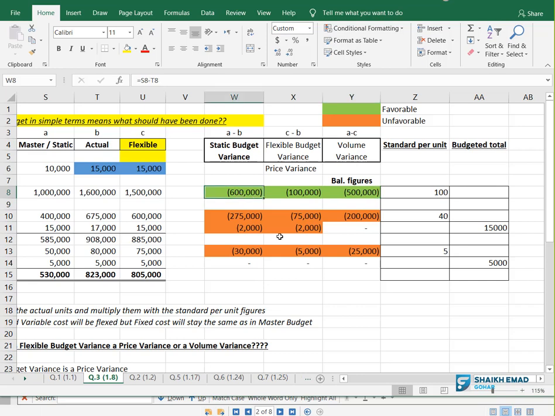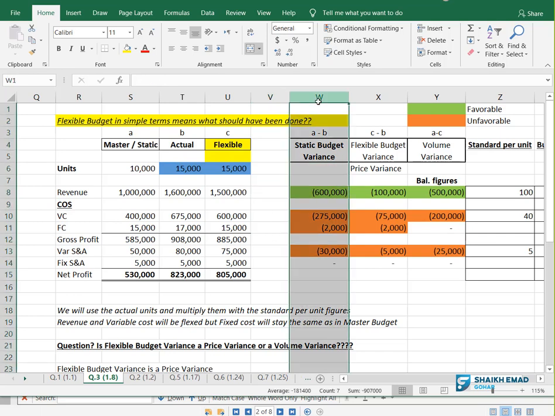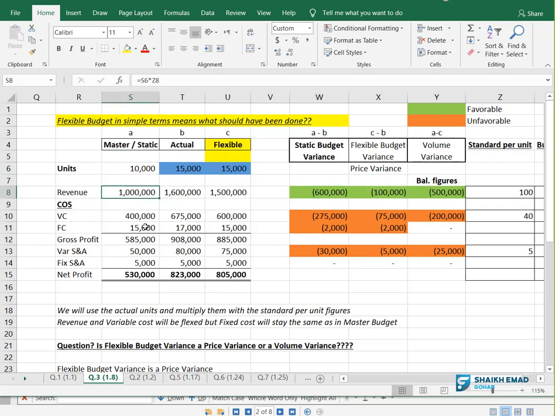If you remember in this example, when we got the revenue, static budget variance is also called total variance. So the total variance is 600,000 favorable, because the static budget says you need to make 1 million and actually we made 1.6 million. So we made 600,000 more, which is good.